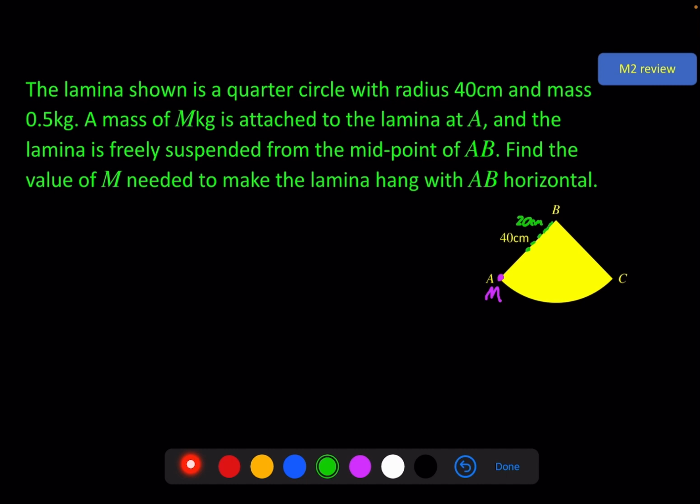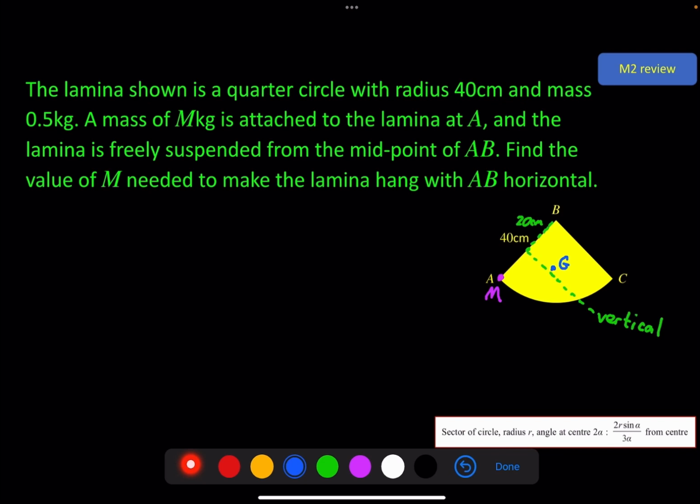Well, if AB is horizontal, then the vertical is going parallel with BC down here. And the center of mass must be somewhere along this line. Now we know the center of mass of a quarter circle is, let's say, here. Call that G. And we can calculate that using the formula 2r sine alpha over 3 alpha, where in this case alpha is pi by 4.